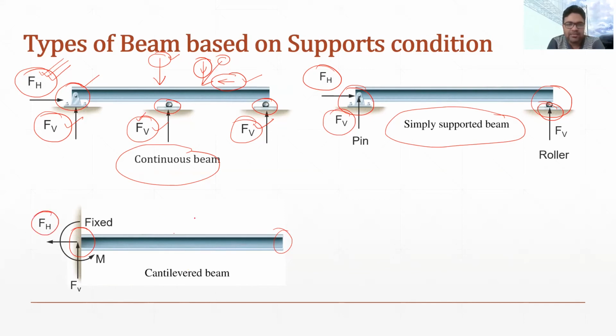So for any inclined load, if it is having vertical and horizontal component, this horizontal component will be resisted by this FH, and this vertical load will be resisted by this FV, and also this vertical load will be creating a moment about this point. So this moment will be resisted by the moment reaction, which is in terms of M.